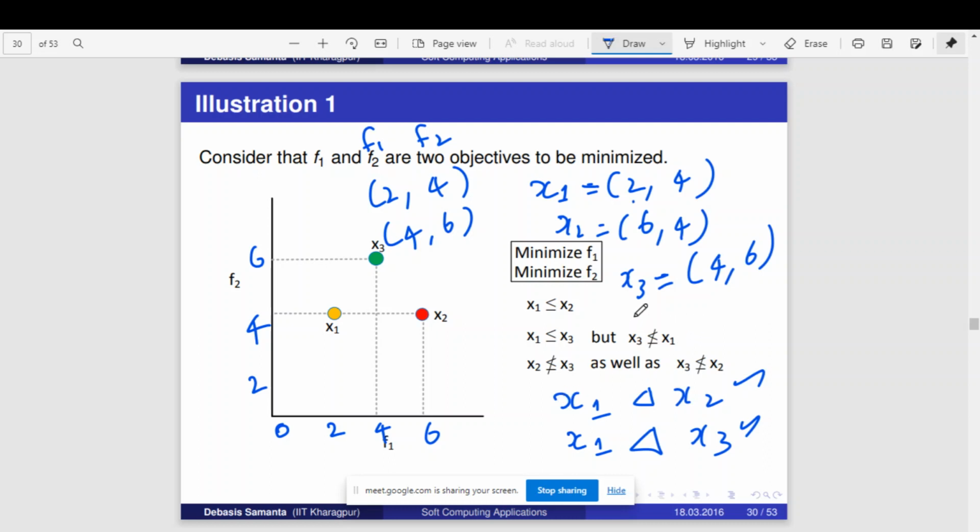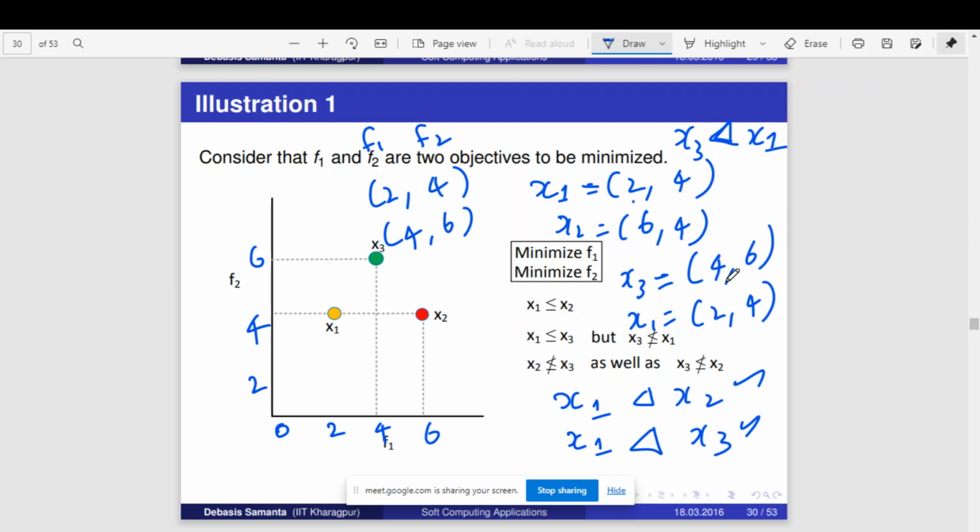Okay. What about, can you say that x3 is dominating x1? x3 is 4, 6. x1 is 2, 4. Can you say that x3 is dominating x1? No. Why? Which condition is not met?